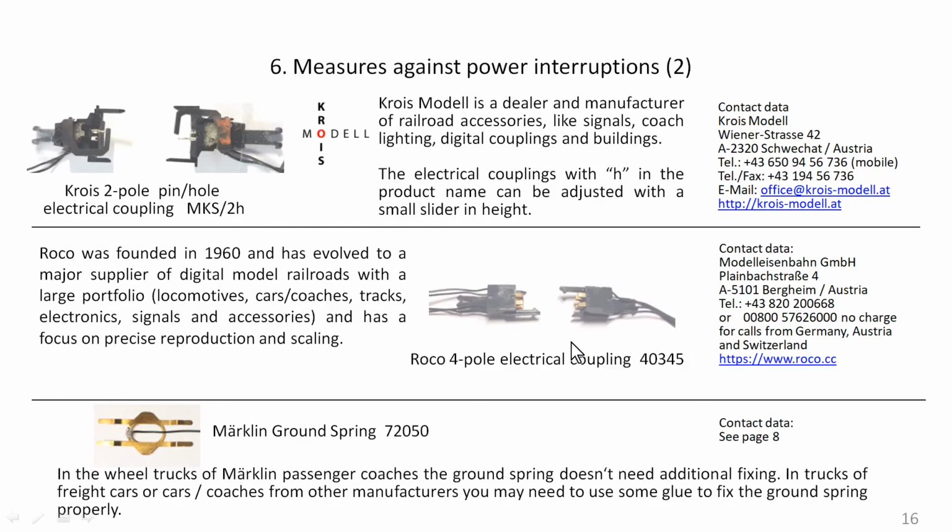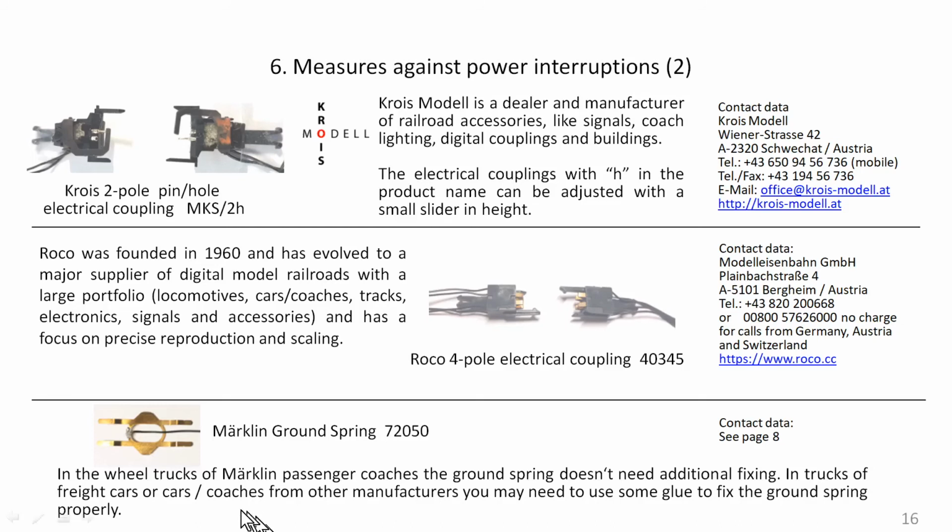So 2 are to connect redundantly to the locomotive, the other pickup shoe and the ground spring, and over the 2 other of the 4 pin connectors I feed the lighting power for the lights in the coaches, and this is then the coupling which I use between all the coaches.